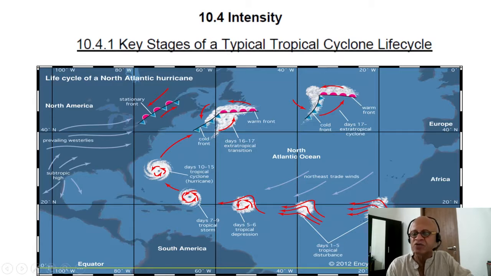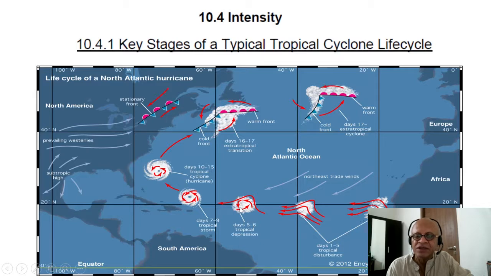And this is something I took from the Encyclopedia Britannica, which has got a nice schematic here. So days 1 to 5, there is a tropical disturbance, let's say based on the easterly jet, the easterly waves, the MCSs and other things we have been talking about, and it has survived the SAL, Saharan air, and we have the trade winds and the vertical shear, etc., playing their role.